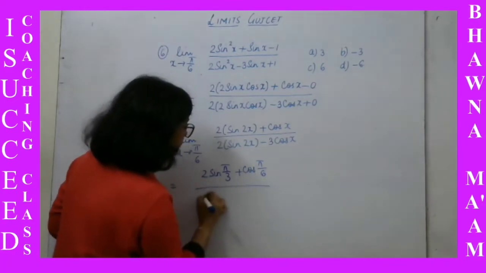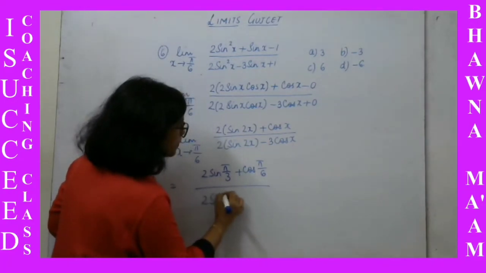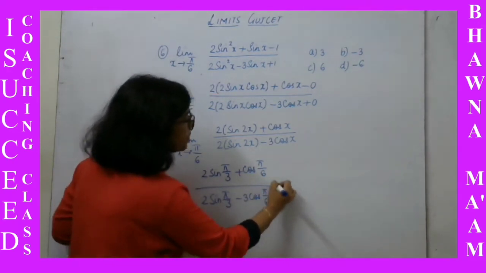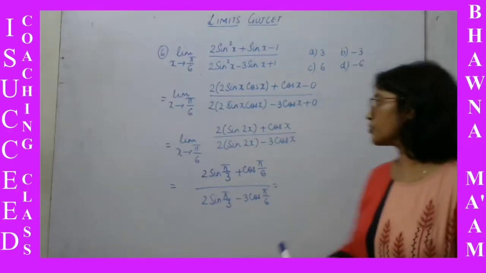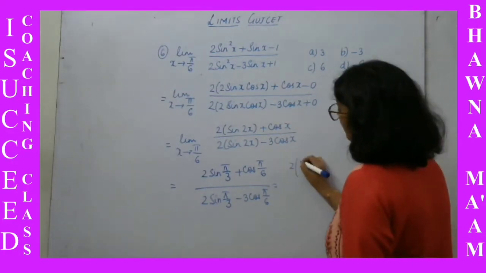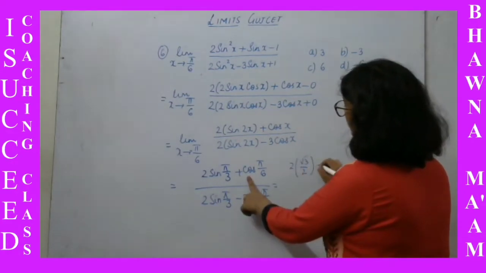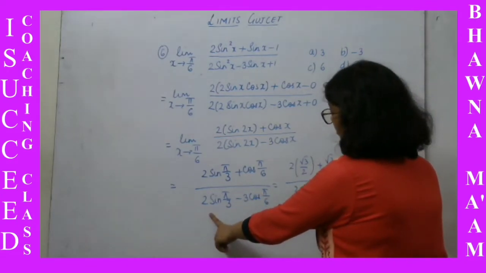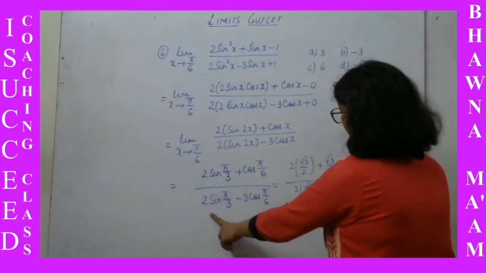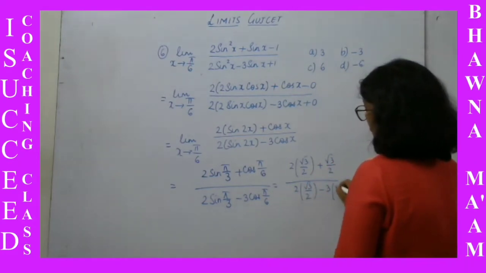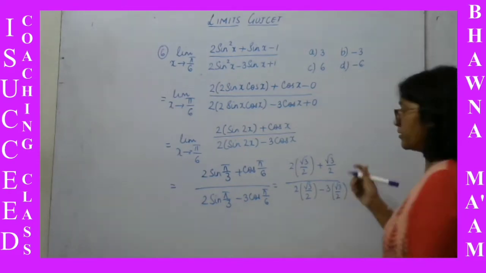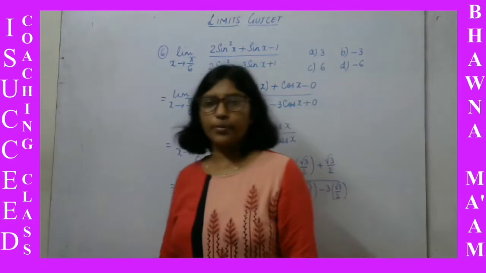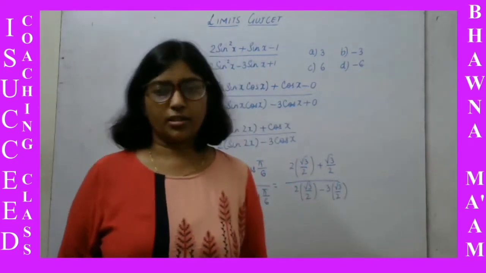Same down there. And as we know, the value of sin pi by 3 is root 3 by 2. So I'm going to put root 3 by 2 here. And cos pi by 6 is also root 3 by 2. 2 into root 3 by 2 minus 3 root 3 by 2. Now you can calculate this and see what the answer is. Just put the answer in the comment box and then we can check it out.